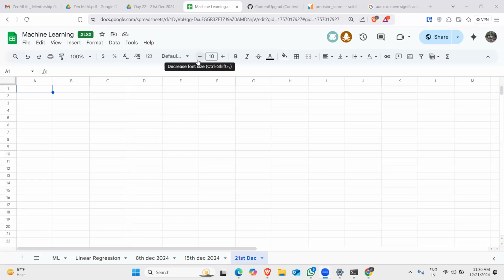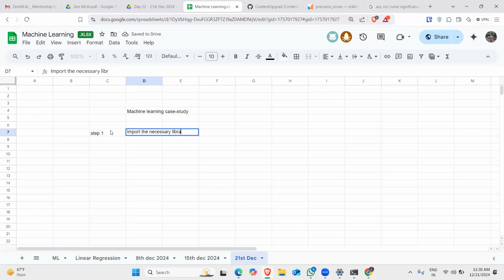All right. So let us have a discussion on a machine learning case study. What are the steps that we need to perform? The very first thing, step number 1, is we import the necessary libraries.